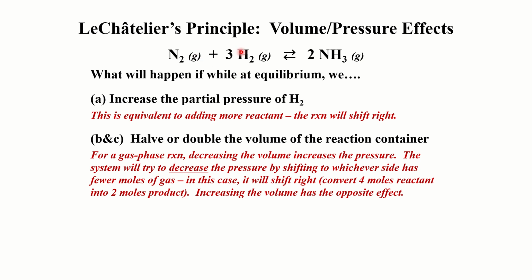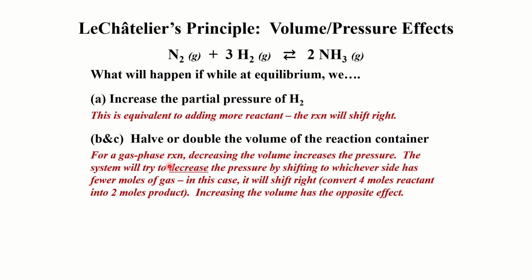If you are dealing with a gas phase reaction, you need to consider what these do to the pressure. So if we decrease the volume, in this case if we halve the volume, this increases the pressure. The system is going to try to decrease the pressure to counteract that change.